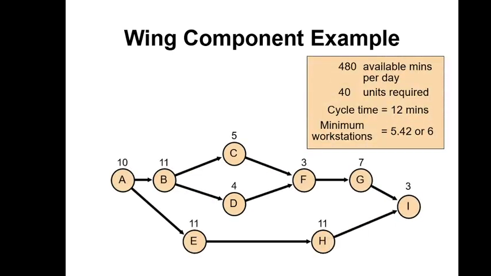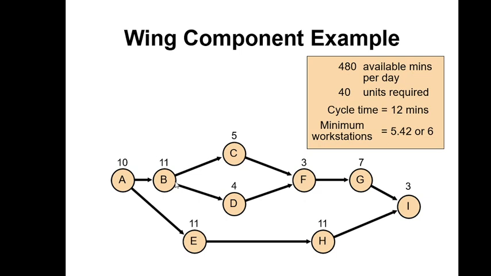This is our network, which we call a precedence diagram. Let's assign the specific tasks to the 6 workstations. Don't forget that in this question we have 6 workstations in order to assemble the wing component for this company.